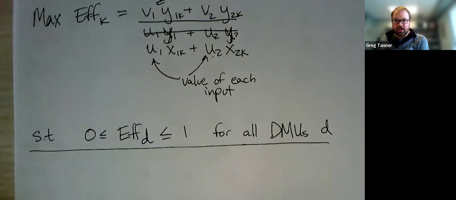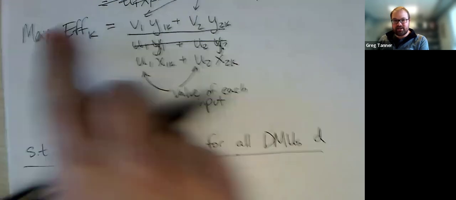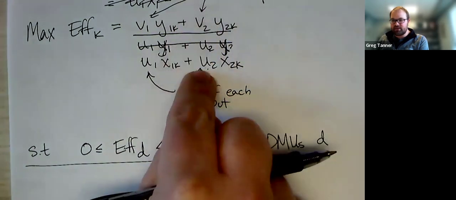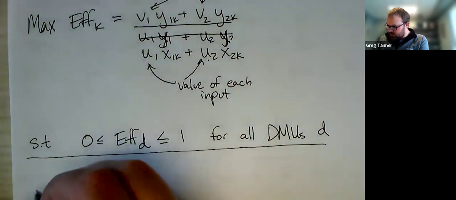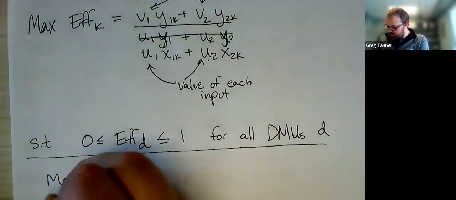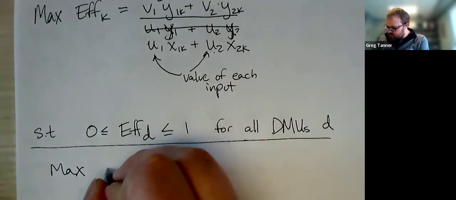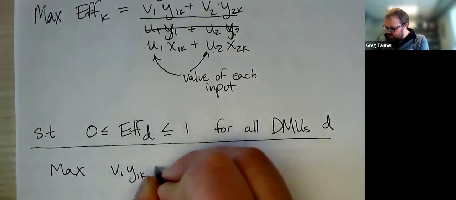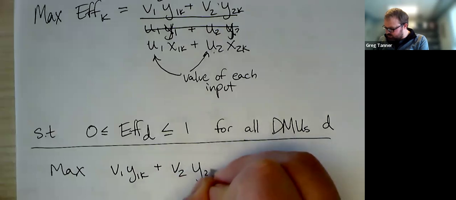Okay, so a standard trick, if you're trying to maximize a ratio, is that you maximize the top while holding the bottom constant. And so for the dual formulation, we want to maximize the top of this fraction, V1 Y1K plus V2 Y2K.